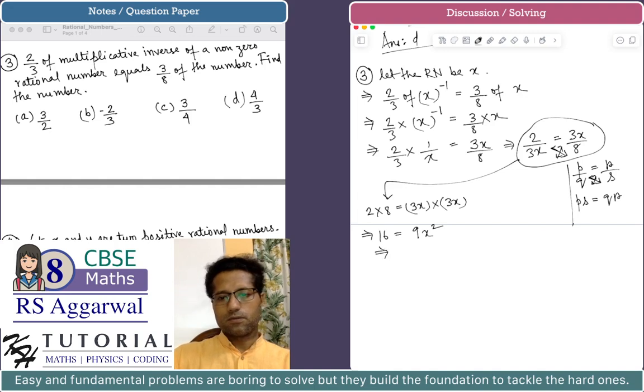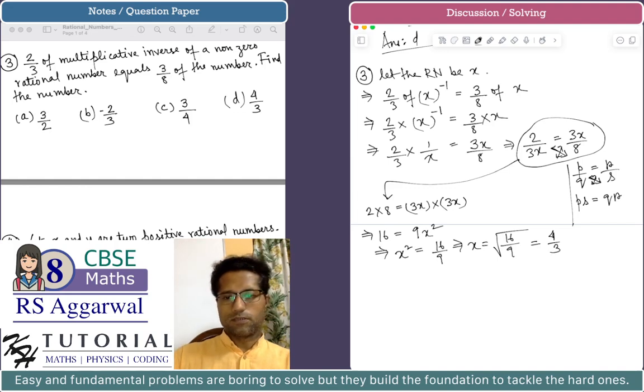This implies x square is equal to 16 by 9. This implies x equals the square root of 16 by 9, which is equal to 4 by 3. So the correct choice is B.